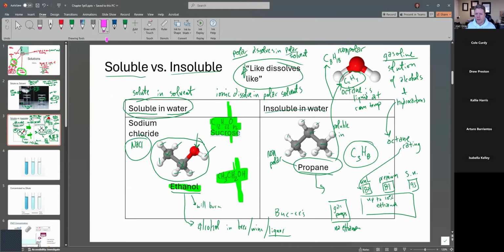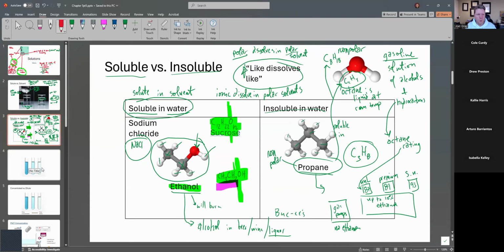It will be. Ethanol is kind of a tricky compound because it's got this OH, but it's also got these hydrocarbons. So ethanol is somewhat polar and somewhat nonpolar, so it can kind of do both things.